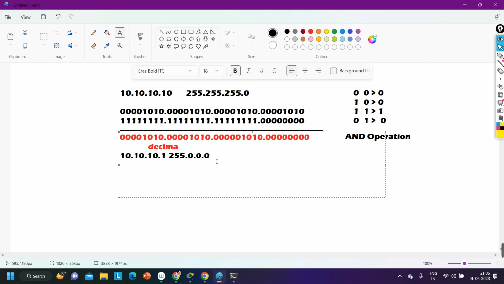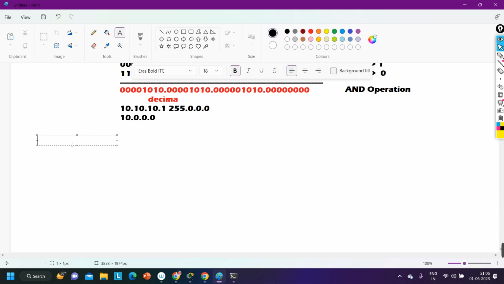Definitely yes, because the last three octets are 0, whatever value is there will become 0, and only in the first octet all bits are 1, so the same value will be copied here. Yes or no? Okay, so this is how we find the network ID.